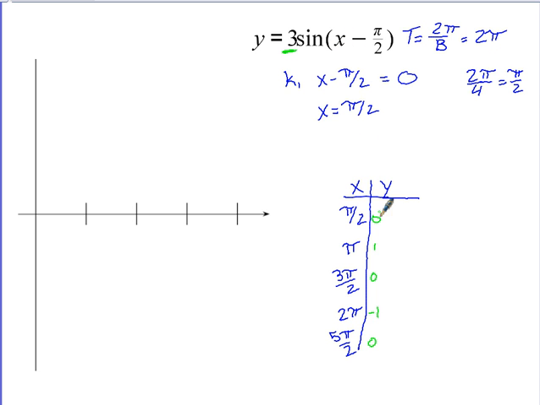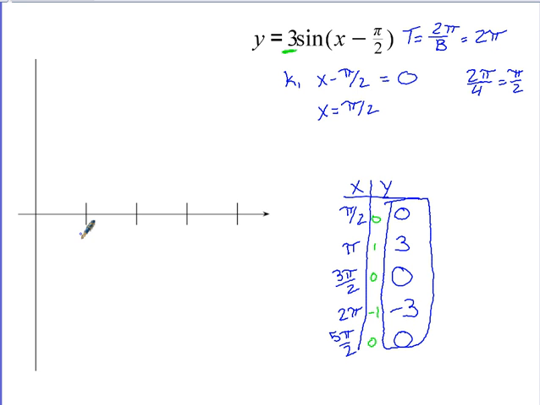So in this case, it would be these y values times 3. Everything is going to be multiplied by 3. So 0 times 3 is still 0. 1 times 3 is 3. 0 times 3 is 0. Negative 1 times 3 is negative 3. And 0 times 3 is 0. So these are my actual y values that I'm going to use: 0, 3, 0, negative 3, 0.